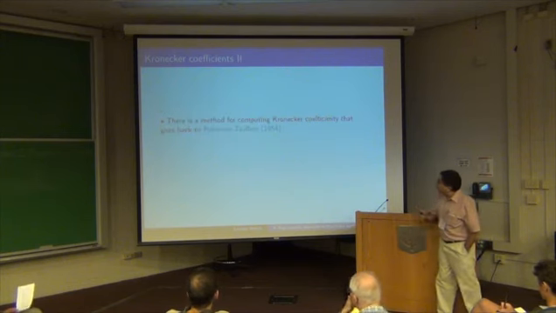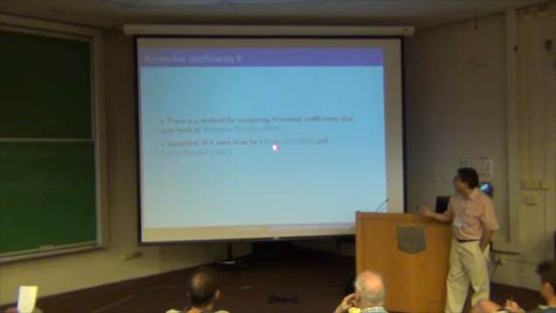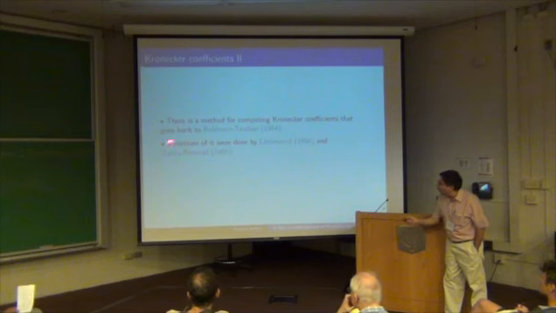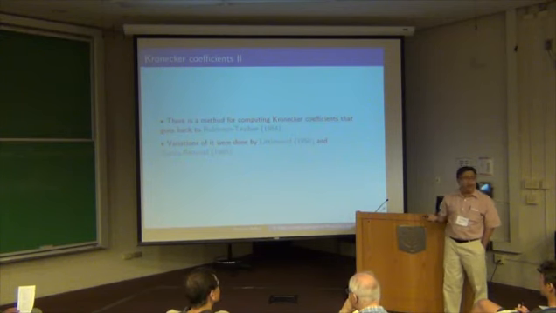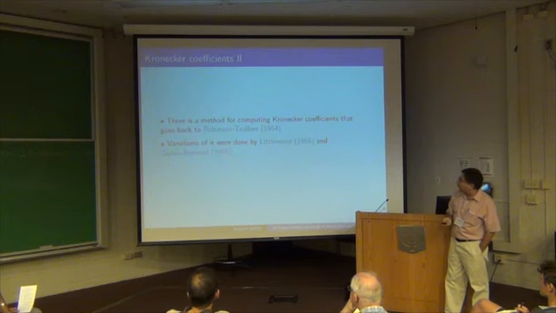Now, there is an old method, as I told you before, that goes back to 54 by Robinson and Taulbee, and there have been some variations of it. For example, Littlewood in 56 gave a variation, and another was done by Garcia and Remmel, and there are applications of these methods in some papers.